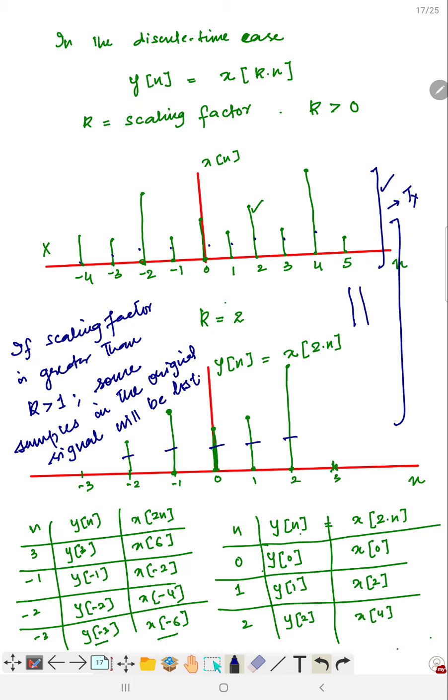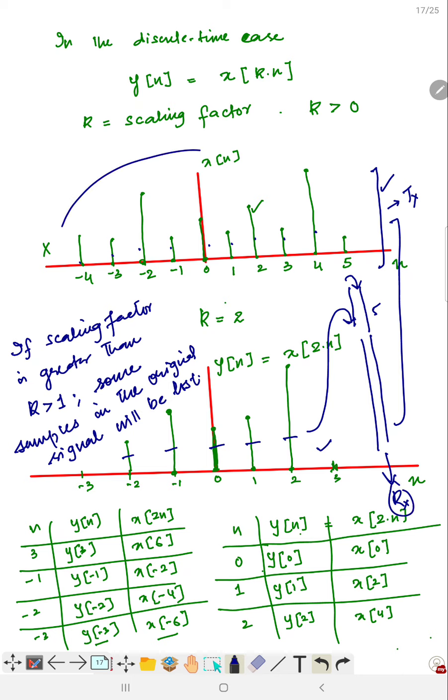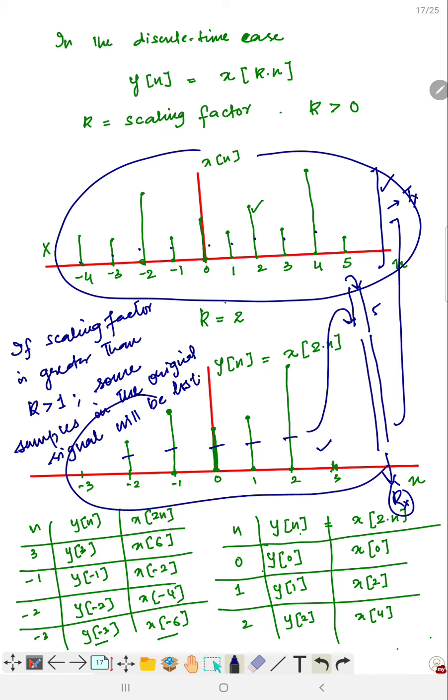In between there is some communication channel through which you are transmitting these samples, but the problem is you cannot accommodate all the 10 samples in this channel, so you do time scaling. Instead of 10, you scale it down to 5 samples. Now 5 samples can be accommodated in this channel, and this signal will go through the channel. Then on the receiver side, what you are receiving is this, assuming that there is no noise in the channel. The challenge is whether you will be able to reconstruct your entire waveform from this received waveform. This is the challenge.